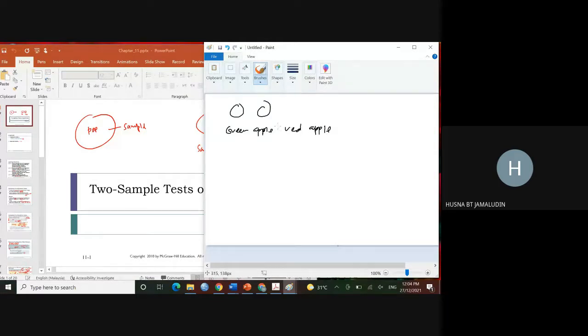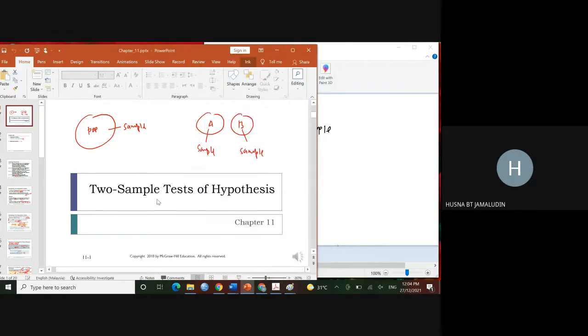In total, these two are apples, but the first one is green, the taste is maybe different, the second is red. So you are comparing two different apples, okay? So you cannot compare an apple with durian or an apple with something else. So you should compare something similar, okay? So this is all about two sample tests.